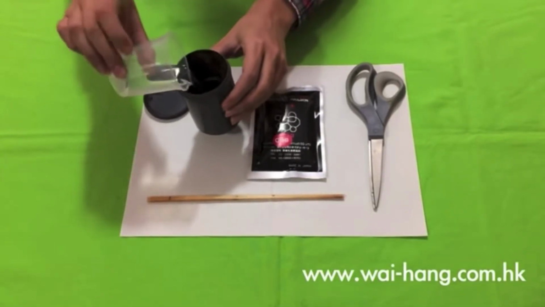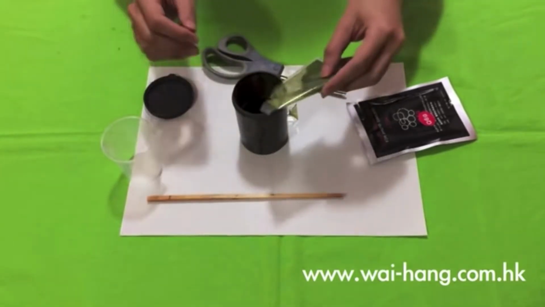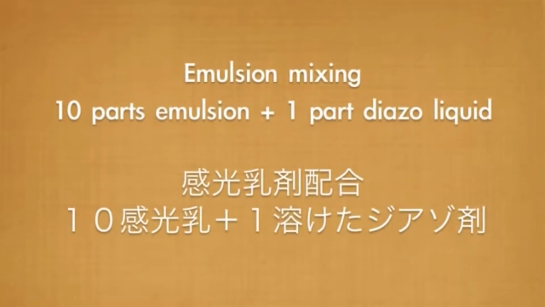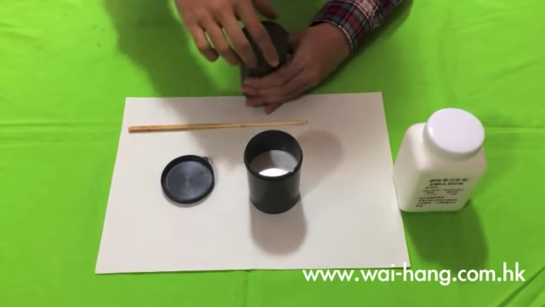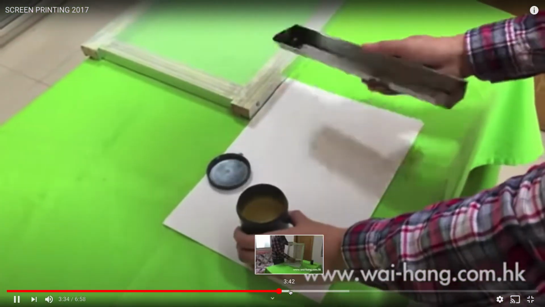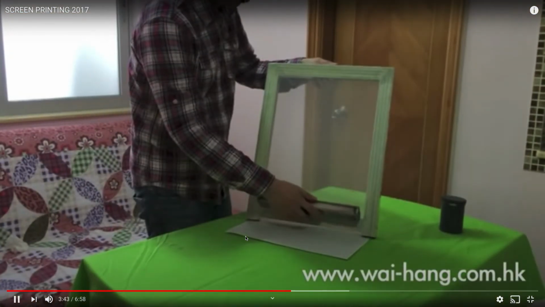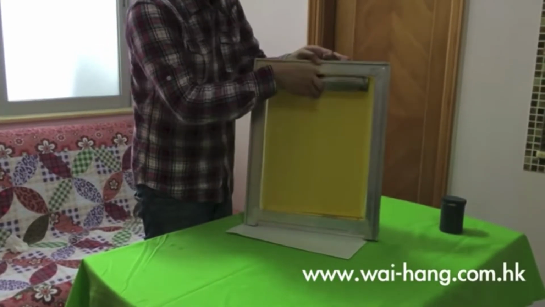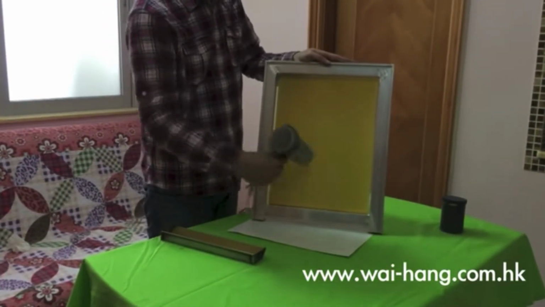And now he's making emulsion. This is the light sensitive stuff. So when it's exposed to ultraviolet light, this liquid hardens. All right, so he is coating his screen with that emulsion. Drying it.